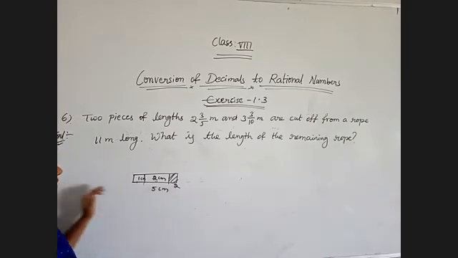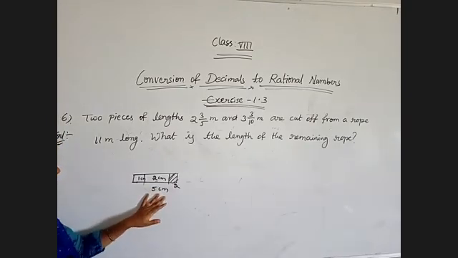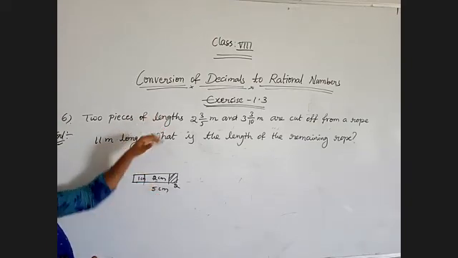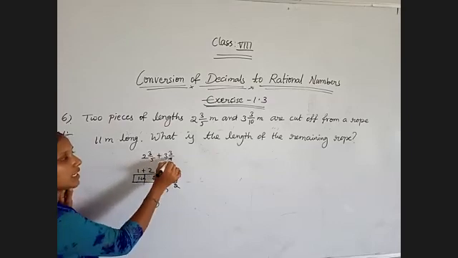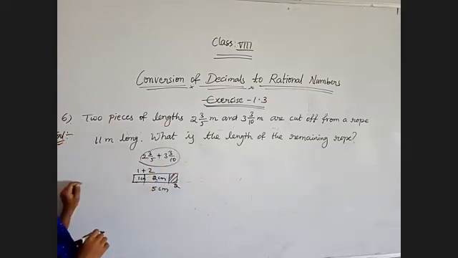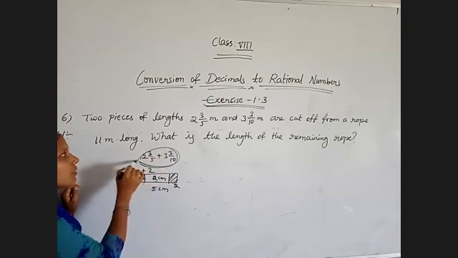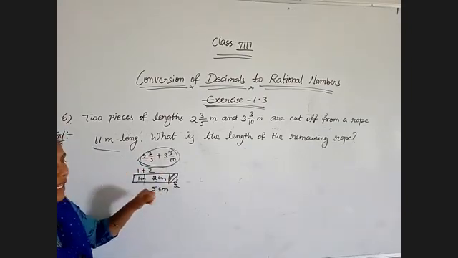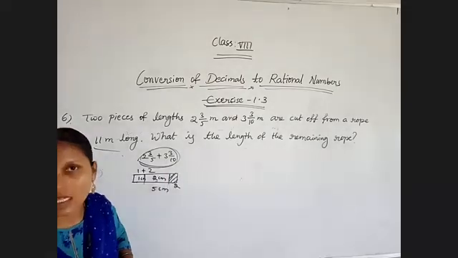So have we got that? First, whatever parts are given, we need to add them, find the sum of the first two parts, and subtract this sum from the total length. Then we will get the remaining part.